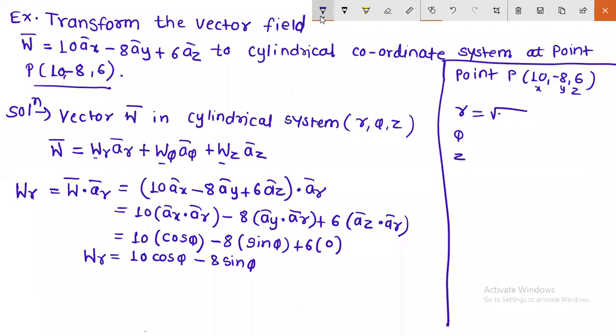Yes, correct. It is the square root of x square plus y square, so it is equal to the square root of 10 square plus minus 8 square. So just find this r.